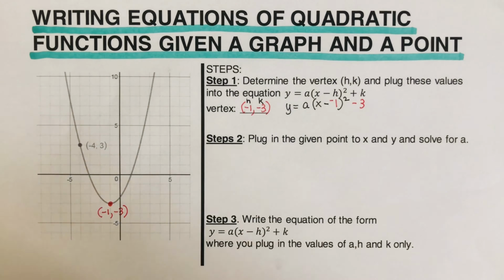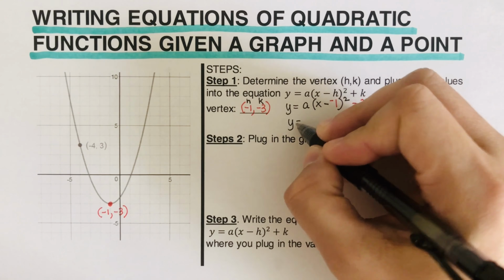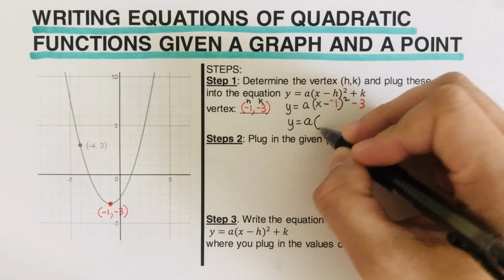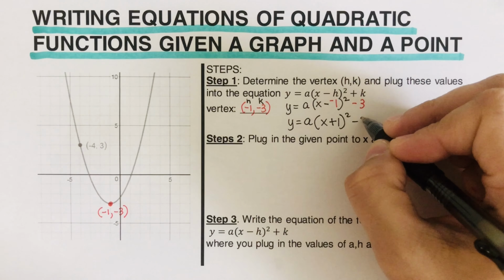Now the next thing that we're going to do is simplify this. So this would be y equals a(x plus 1) squared minus 3.